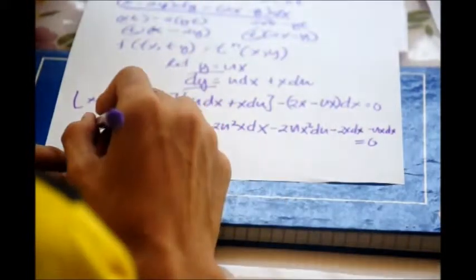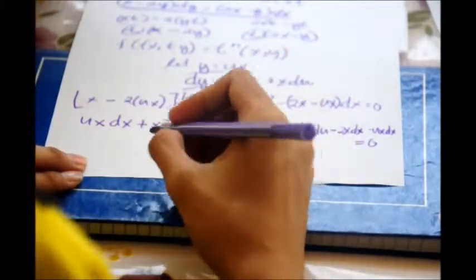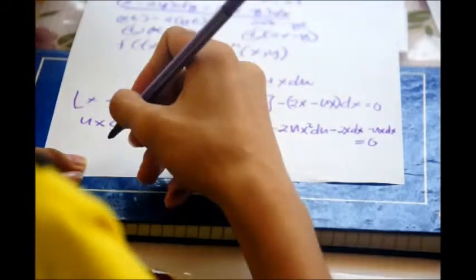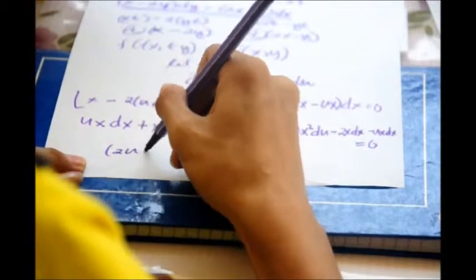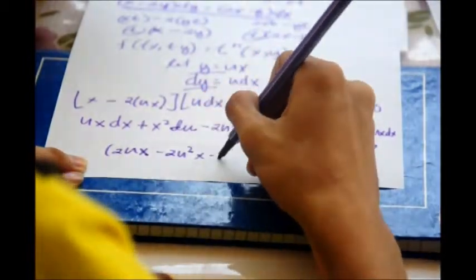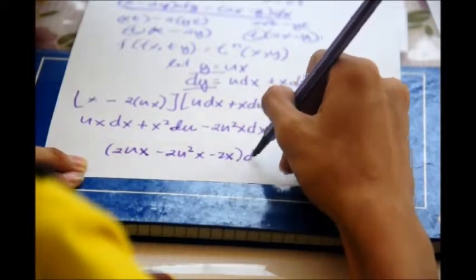So we have dx, then combining, 2ux, 2u squared x minus 2x.